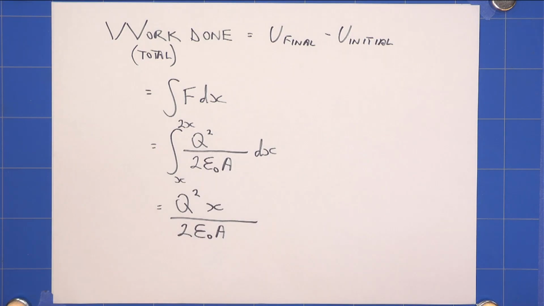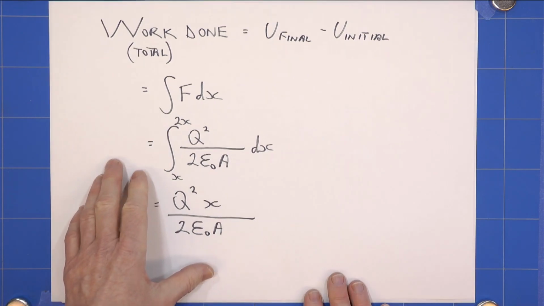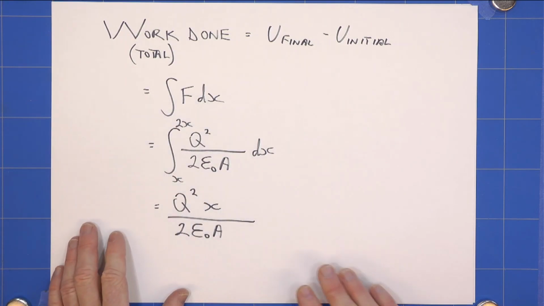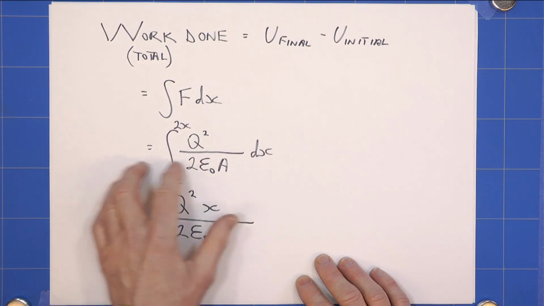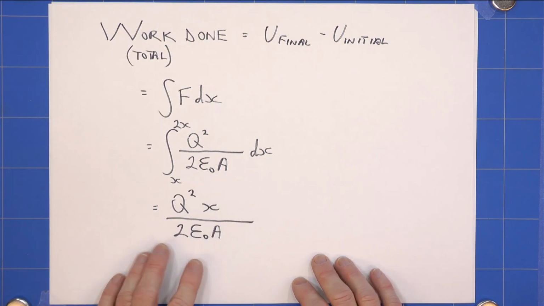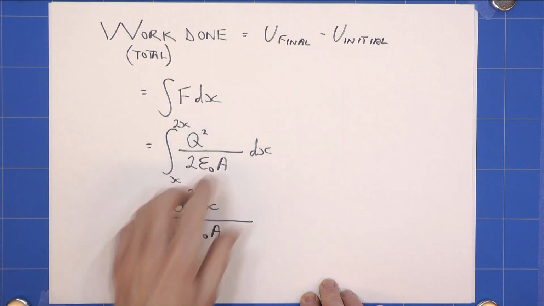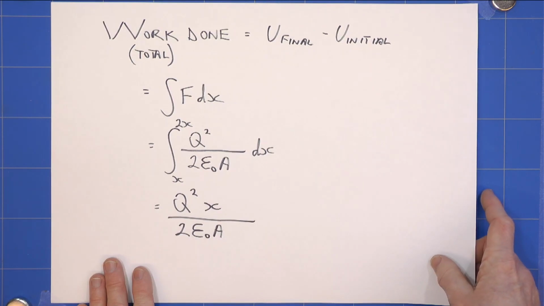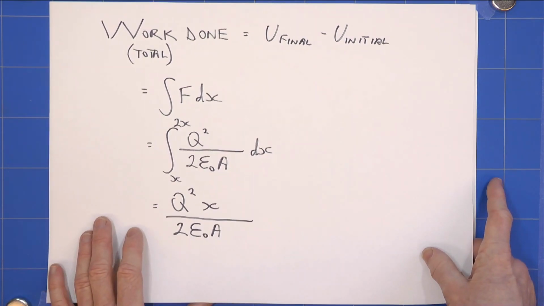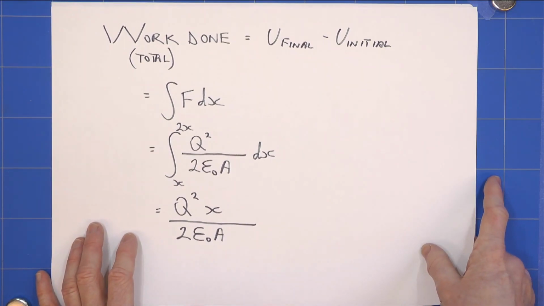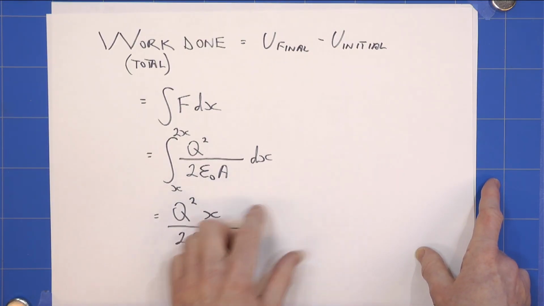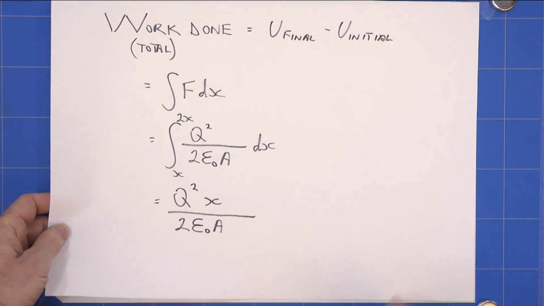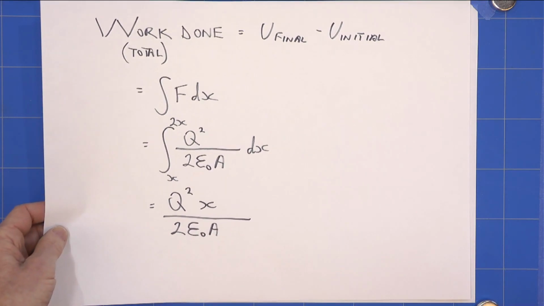I could have said, having worked out what the force is, we could have done the integral of force with respect to x, and we would have got the same answer, Q squared x over 2 epsilon naught A. This is more the sort of technique you would use if you were faced with something like, say, a cylindrical system or spherical symmetry, where you would have to do an integral because the A effectively is a function of x, or it would be a function of r in the case of cylindrical and spherical symmetry. And that is all I need to say. Thank you.